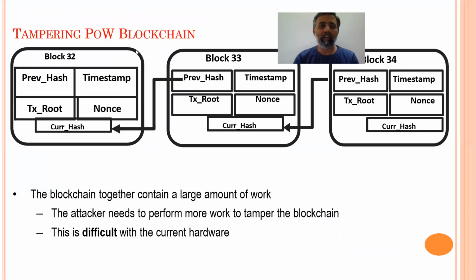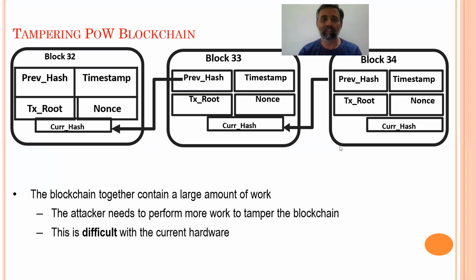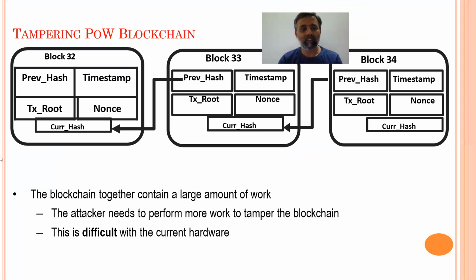Now, we ask whether it is possible for an attacker to tamper with this proof of work blockchain or not. As we know, this is the typical blockchain we have. Say we have 3 blocks in this slide.